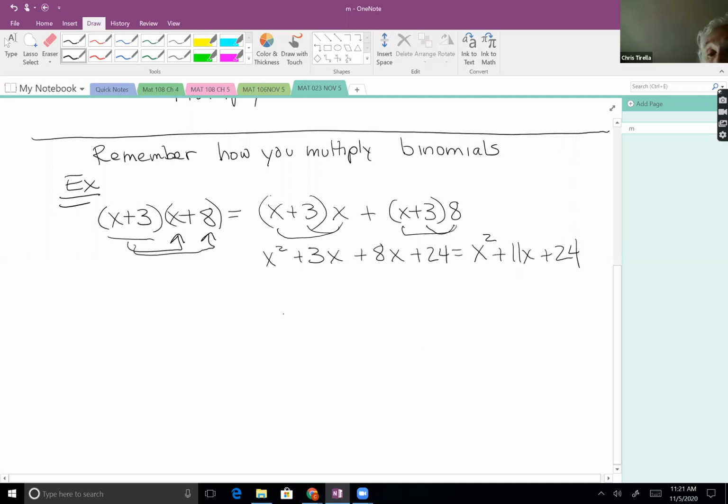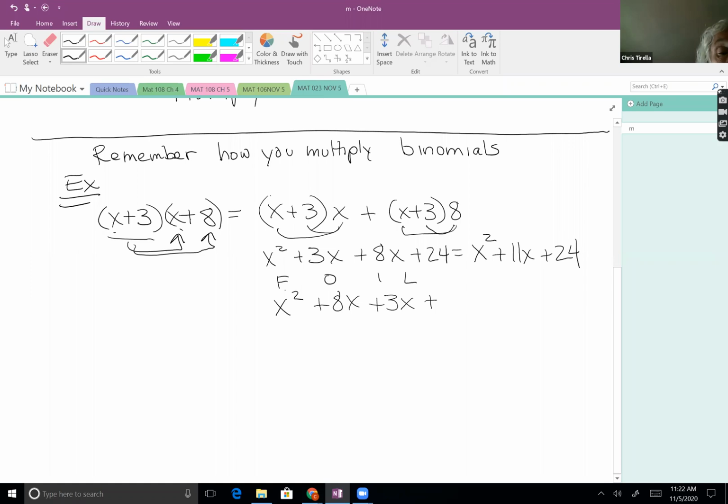Instead, if I were to do the FOIL, F means I'm multiplying the first in each. X times X is X squared. O means I'm multiplying the ones on the outside, which gives me 8X. I, the ones on the inside, the middle two, 3X.